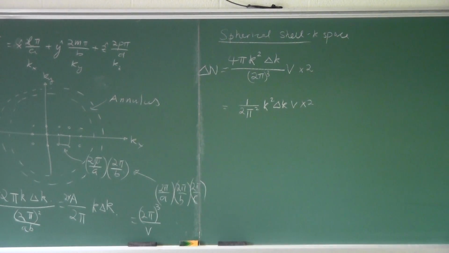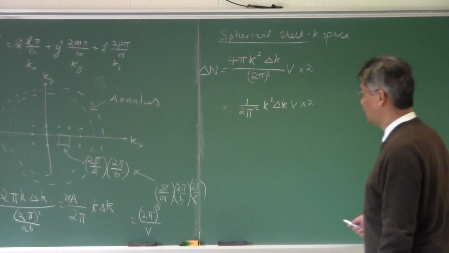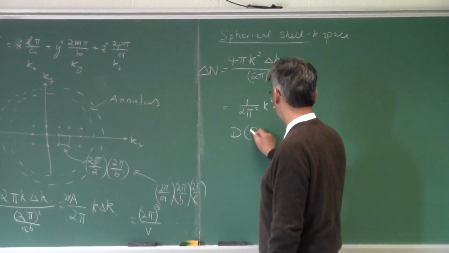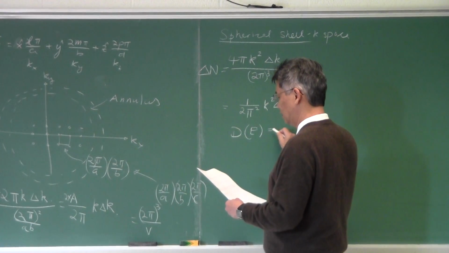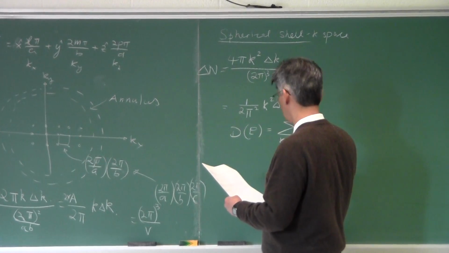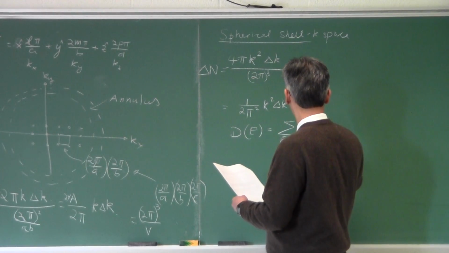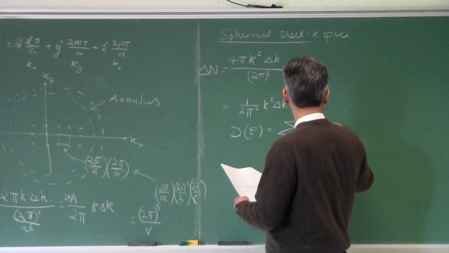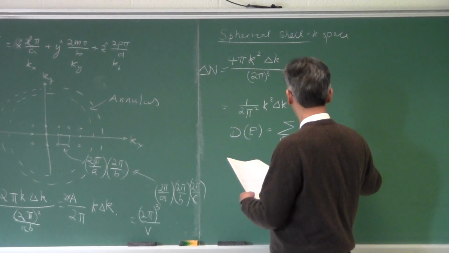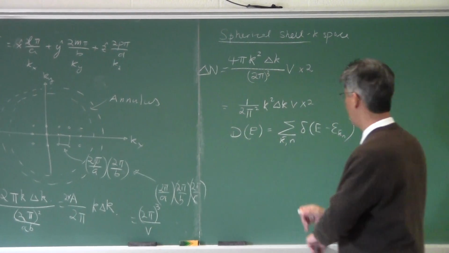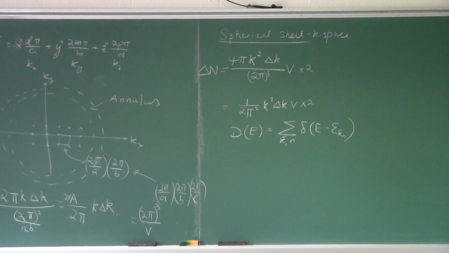So the number of states in a spherical shell is given by that. And I also say that the density of states is given by this rather elegant looking formula.